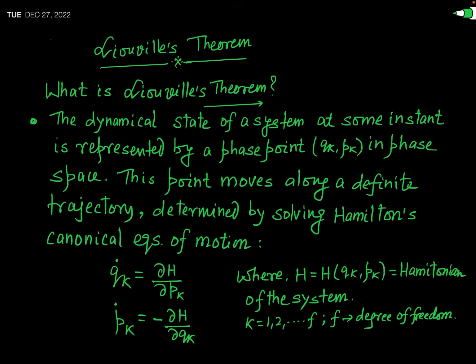First of all we have to know, as we have studied in the previous lecture, that the dynamical state of a system at any given time is represented by a particular phase point in the phase space, and that phase point is specified as qk, pk, where these qk's are the position coordinates and pk are the momentum coordinates.